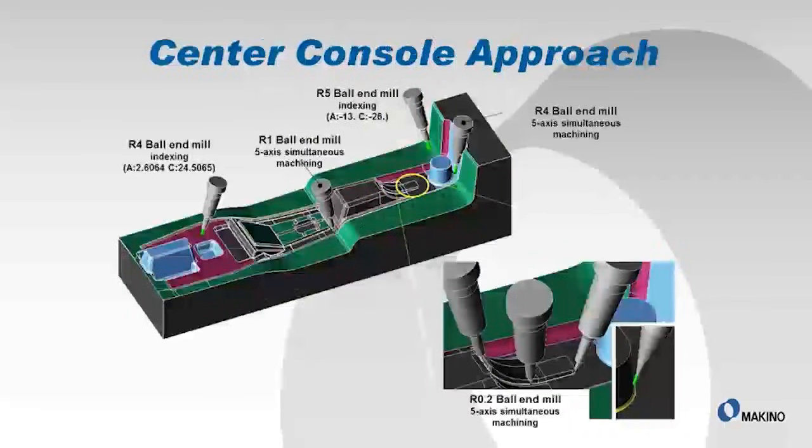This is kind of a schematic, if you will, and what we've shown is some areas where we went in there with an R1 ball end mill, doing 5-axis simultaneous machining. There's also some area back up in the high part of the part where we were in there with a 0.2 end mill, doing 5-axis simultaneous machining. Also an R4 ball end mill where we're doing 5-axis simultaneous machining.